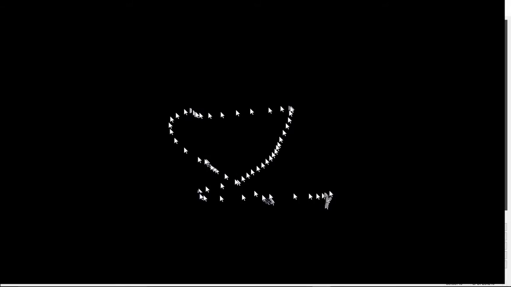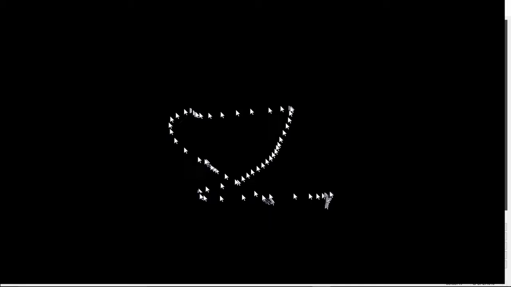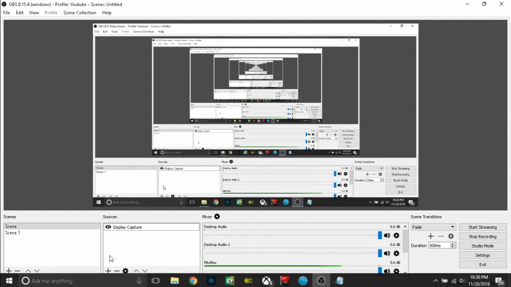But what comes up, let me show you to visualize it, is a little thing that says properties for window capture, and under it says window, and you hit the little drop down on the window tab, and it'll show all the programs that you have running, and you can choose a specific program that you want to show, and then you just hit OK. I'm just going to hit cancel and take it off because I don't need this right now. And yeah, took it off.